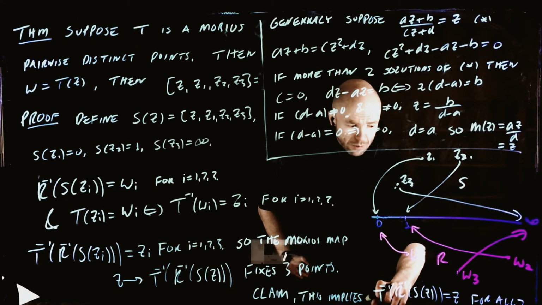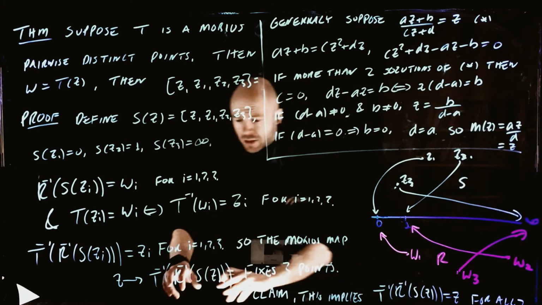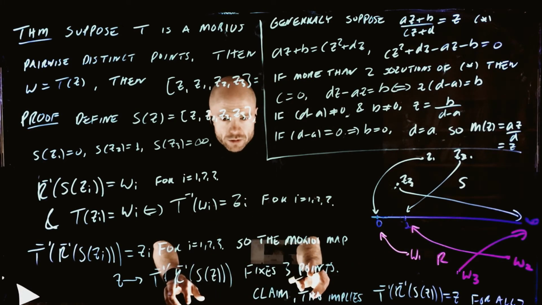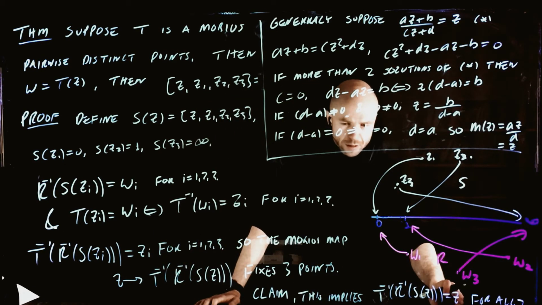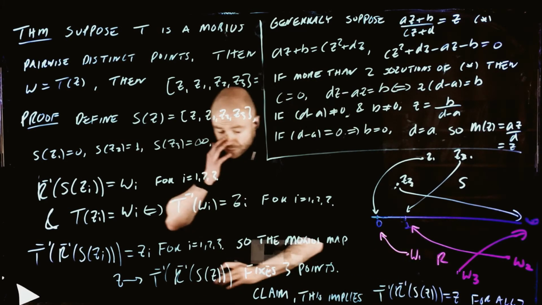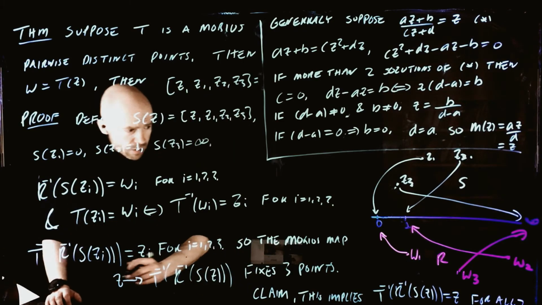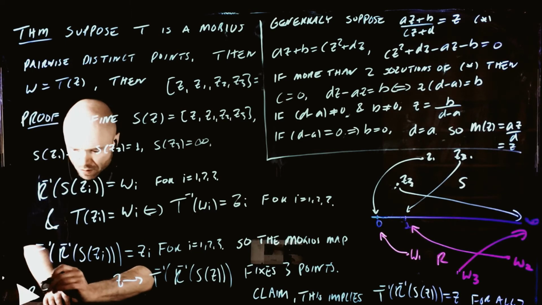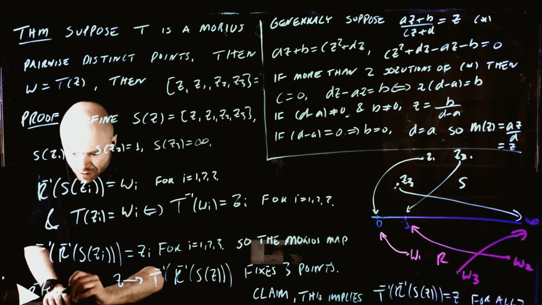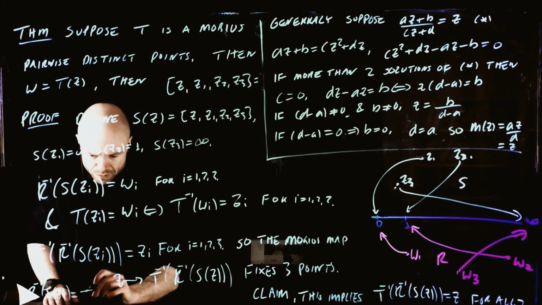And so therefore, that claim is true because we have that this thing fixes 3 distinct points. So this thing is indeed equal to this thing for all z. So it's absolutely an identity, which means that we can unwrap this. Let's see if we put this on the same board. That R to the minus 1 of S of z is equal to T of z.